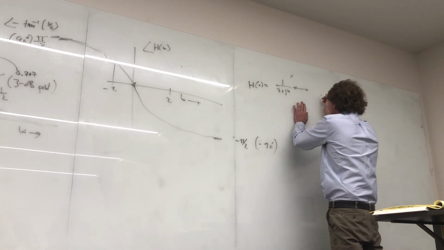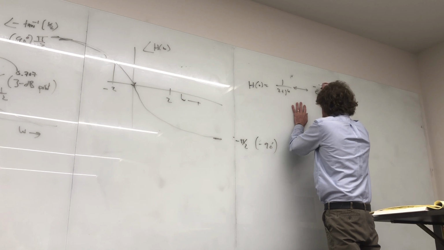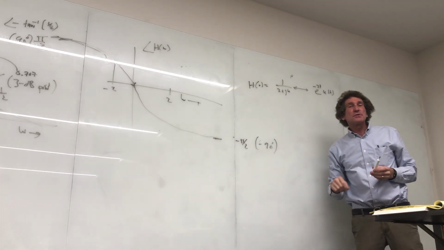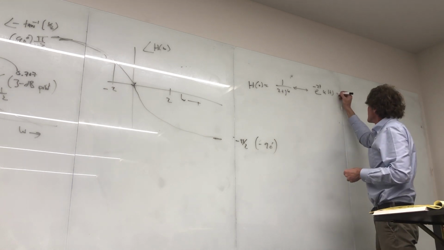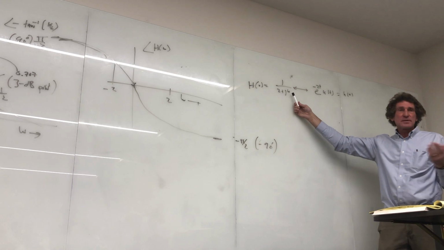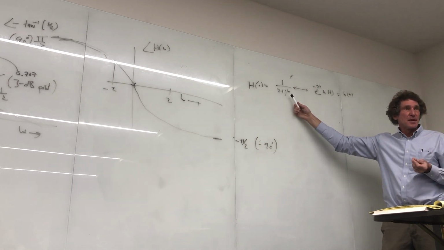What is it? It's e to the minus 2t u of t, isn't it, class? That would be the impulse response of the system, or h of t. You can do it in the Laplace domain too. If this is 1 over 2 plus s, automatically you know it's e to the minus 2t u of t, don't you?